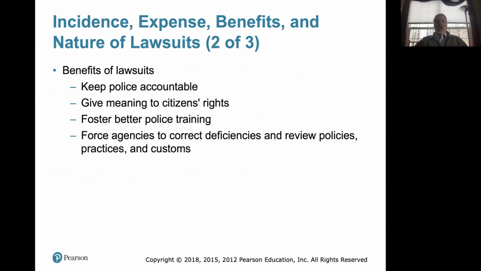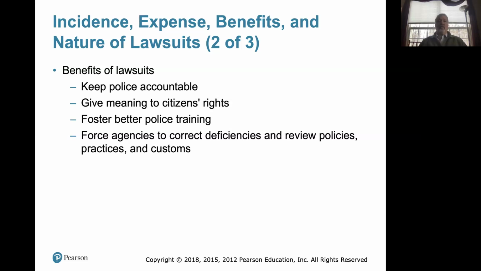In the same way that there are costs of those lawsuits, there's also benefits of those lawsuits, right? It keeps the police accountable, or certainly moves them in the direction of being accountable, right? It does give meaning to citizens' rights, right?